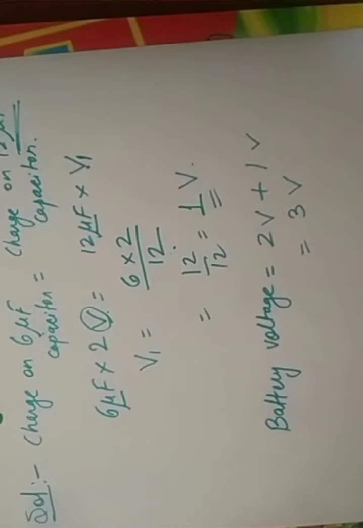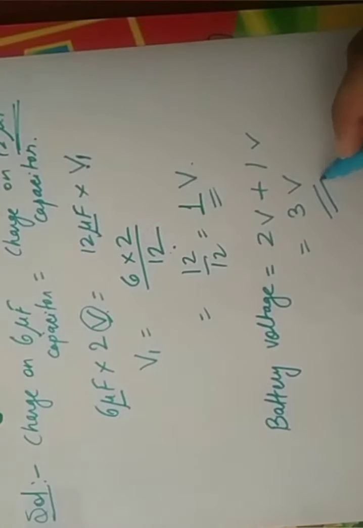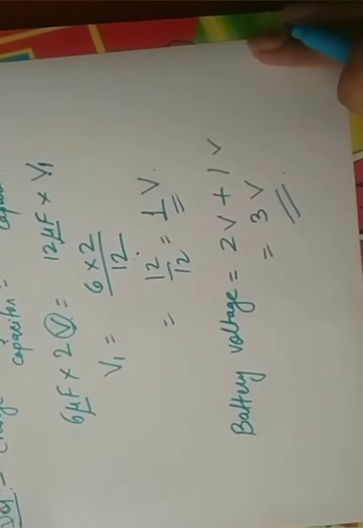The total battery voltage would be 3 volt, so our answer is 3 volt. This is how you solve such numericals, keeping in mind that when capacitors are connected in series the charge is the same, while when connected in parallel the voltage is the same.